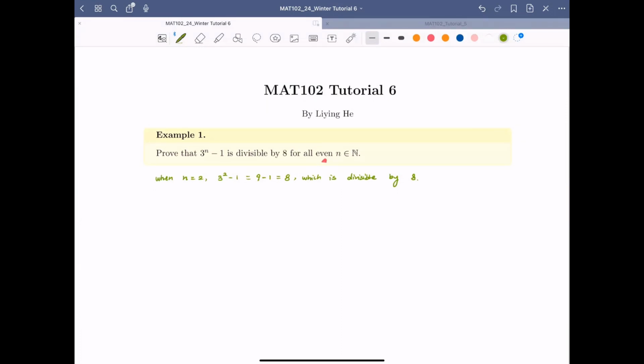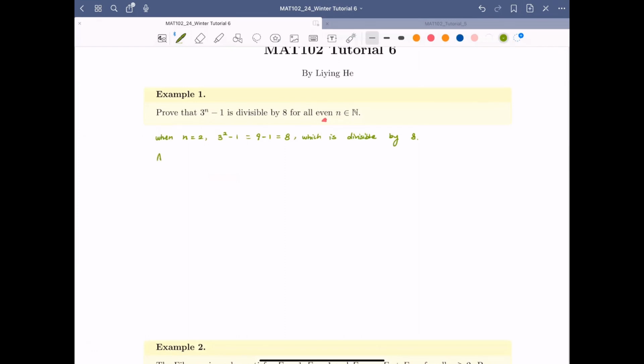Before, you just supposed the statement is true for some k in natural. Here it's almost the same, except it's not just for some k in natural. You need to suppose it for some even k in natural. That's the only difference, so everything else is the same. So suppose, or assume, 3 to the k minus 1 equals 8m for some even k in natural and m an integer.